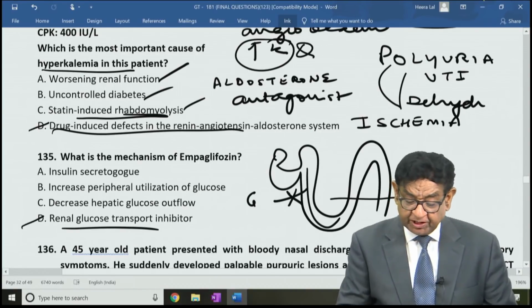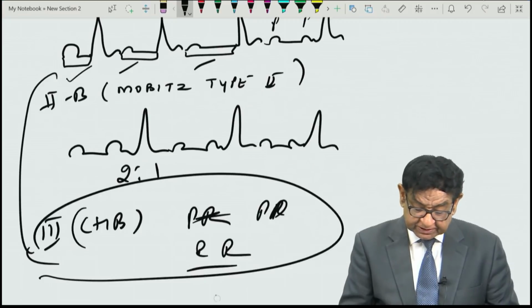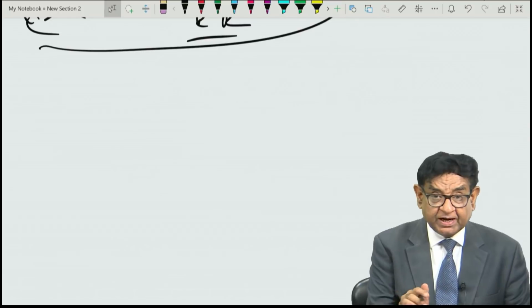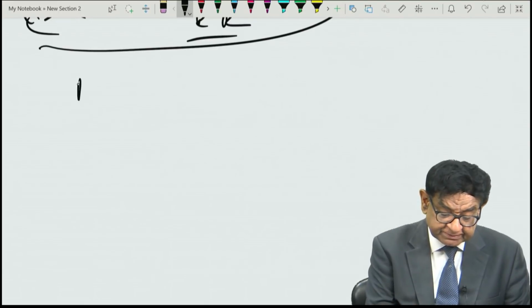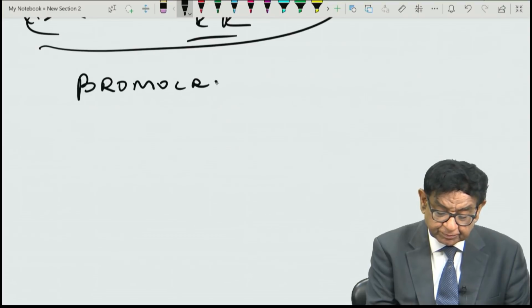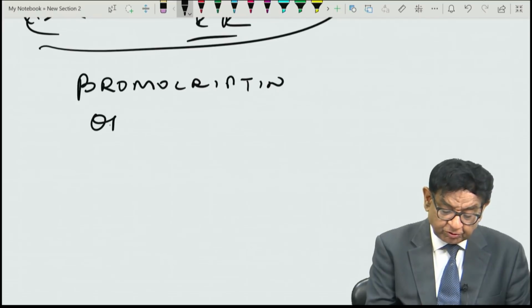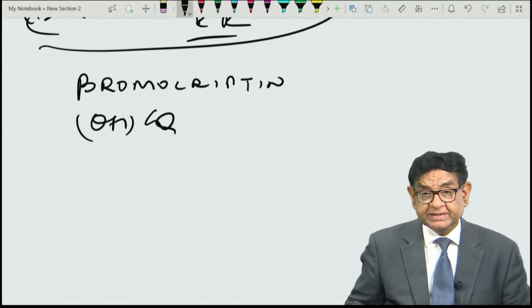Now, extra knowledge for you: the newer drugs which have been approved for diabetes are bromocriptine, which has been approved as a new diabetic drug. Even hydroxychloroquine has been approved as an anti-diabetic drug.